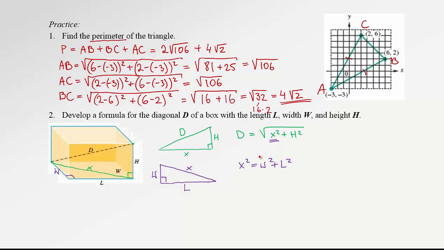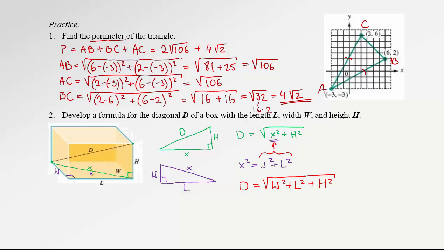And the final step would be to replace this X squared in the first formula by the expression in terms of L and W. Okay, therefore we end up with D equals the square root of W squared plus L squared, that's our X squared, right? And then plus H squared, the remaining H squared. Here we go. That's the formula for the diagonal of a box.